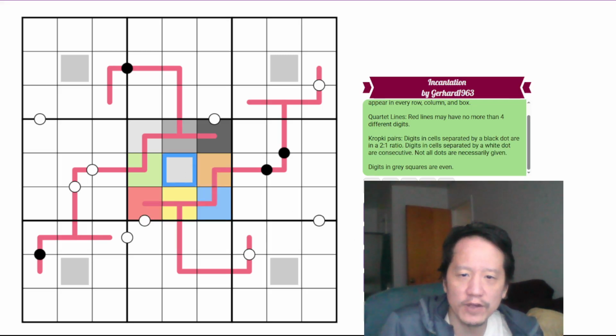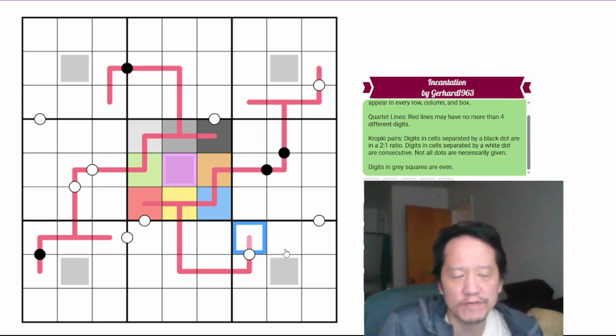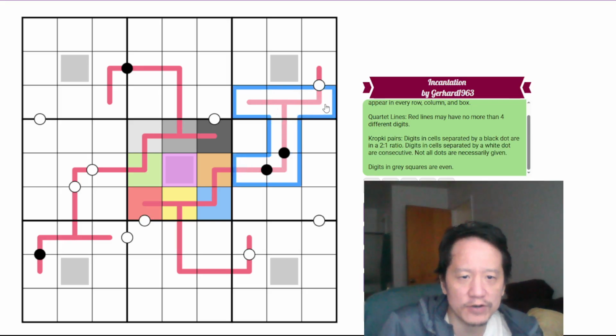Now we have a pink here, interestingly enough, and it's an even digit. But these digits are specifically made up of red, yellow, blue, and orange. So this is also a combination of red, yellow, blue, and orange.